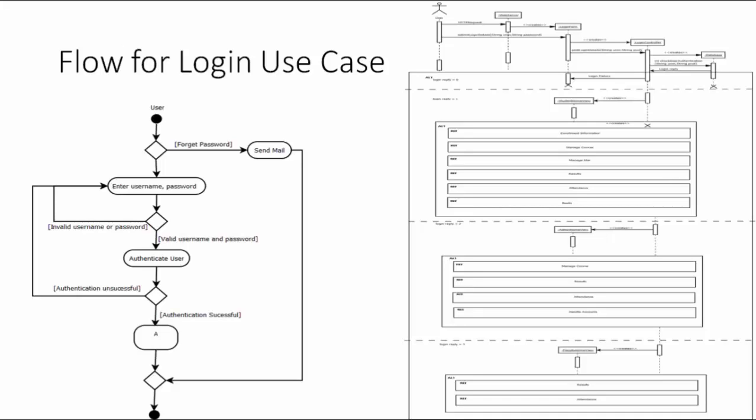Now the user will submit login details, username and password, to the login form. The login form will interact with the login controller. The login form will post login details, and the login controller in turn will interact with the database. It will check user authentication and then reply to the user.